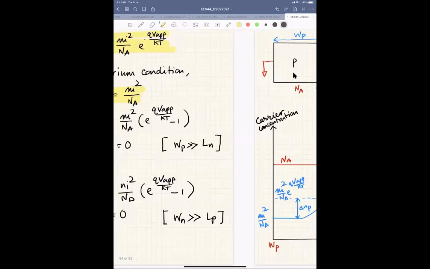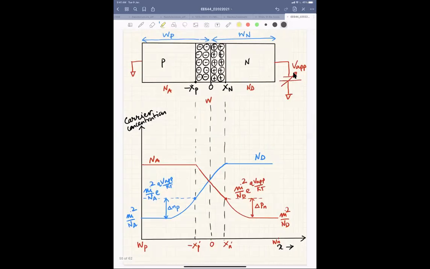I have drawn here the carrier concentration. If you think about electrons, I had Nd number of electrons in the N side, and in the P side, I have Na number of holes.